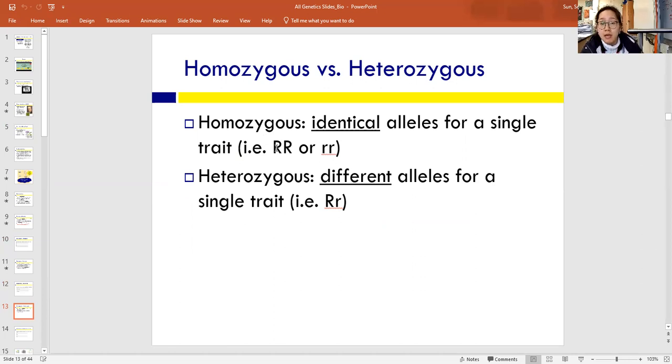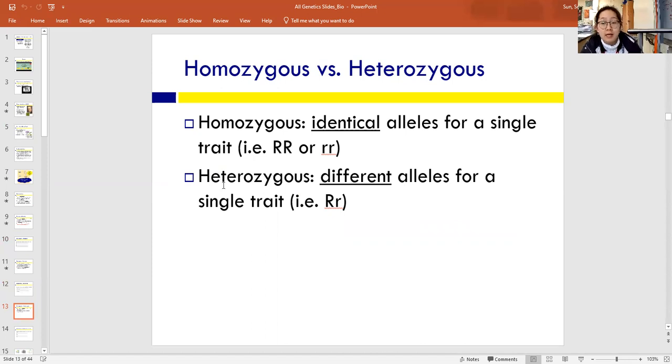They're homozygous because the base word for homozygous is homo, which means of the same kind. So there are also other terms, for example, like homosexual, which means liking the same gender or the same sex, right? Homozygous means that they are two of the same alleles. So again, capital R, or lowercase r. In the pair, it's the same letter twice.